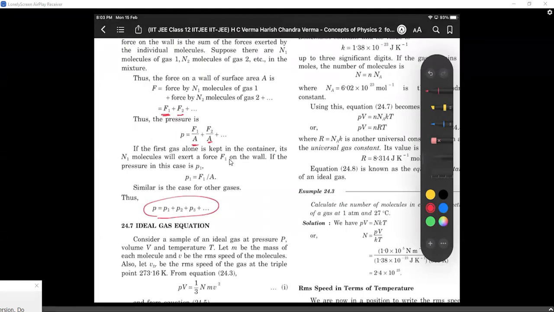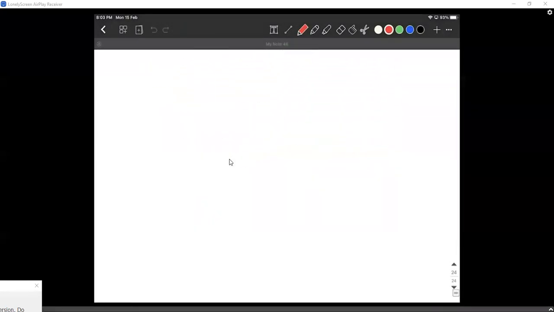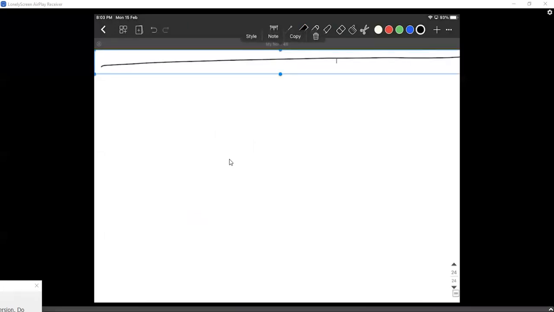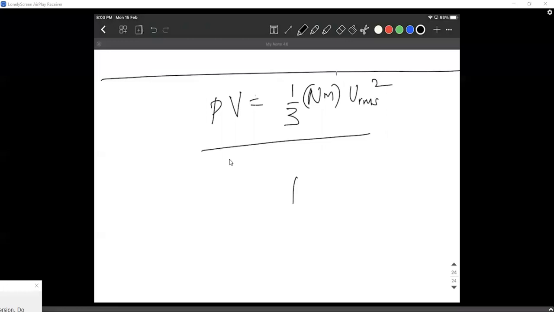Now that brings us to this part. We've talked about a lot of things, and we have this statement, which is the most important statement right from the beginning: vrms square. We've been using the other one also, P equals rho vrms square.